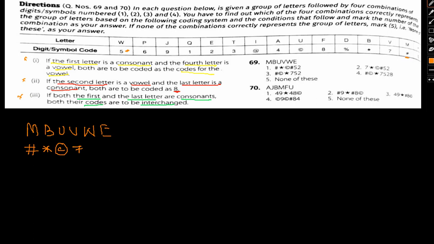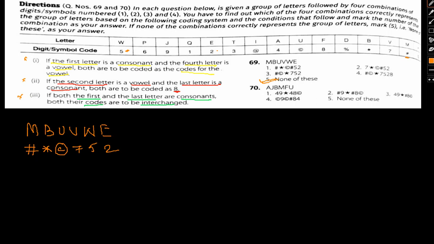W is 5. And E is 2. So if we look at the options, hash, star, C, 7, 5, 2, none of the options are matching. So option 5 will be our answer.